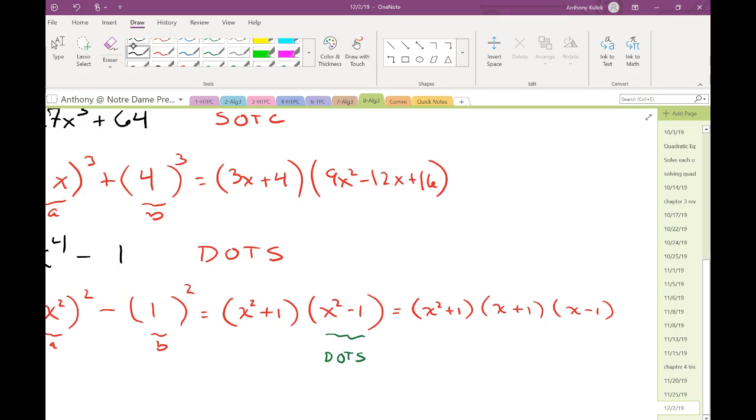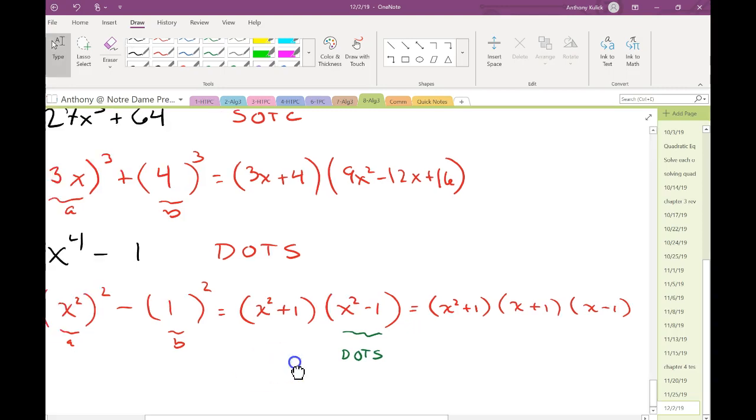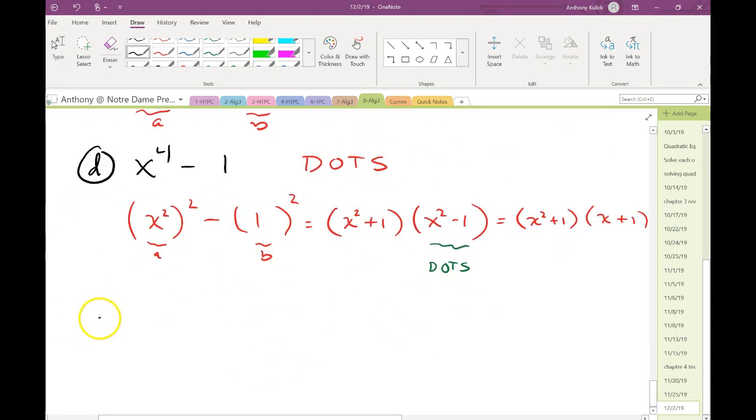Should we do another like that where we can get more than one factoring that happens? Get a sneaky one here. Which pattern do you guys see here?